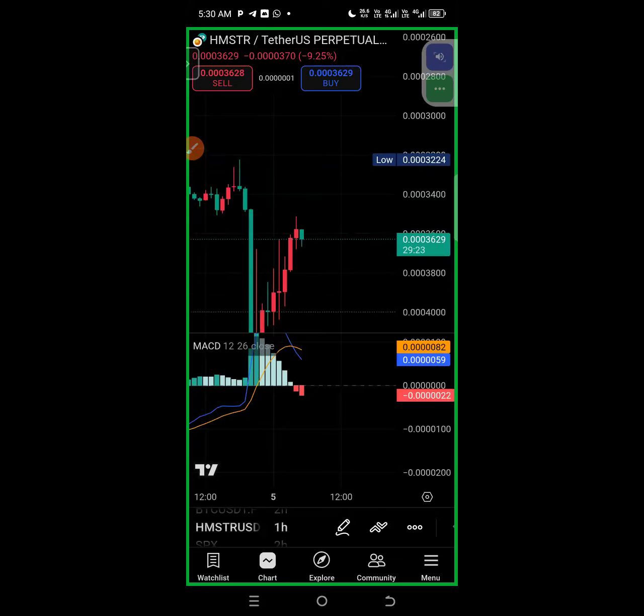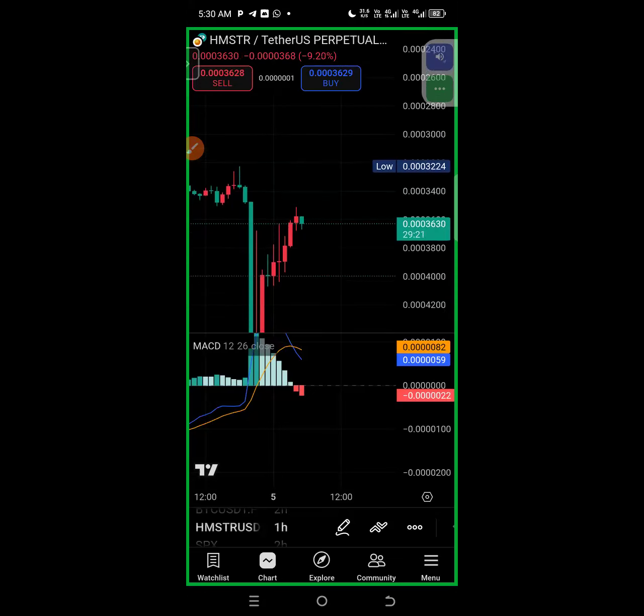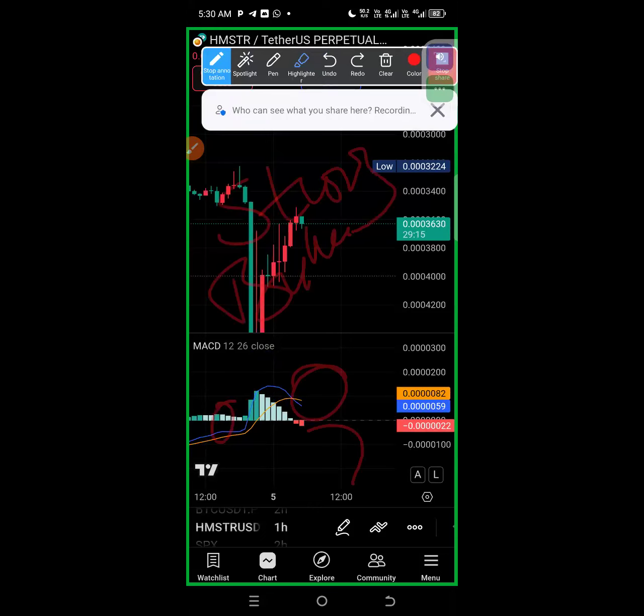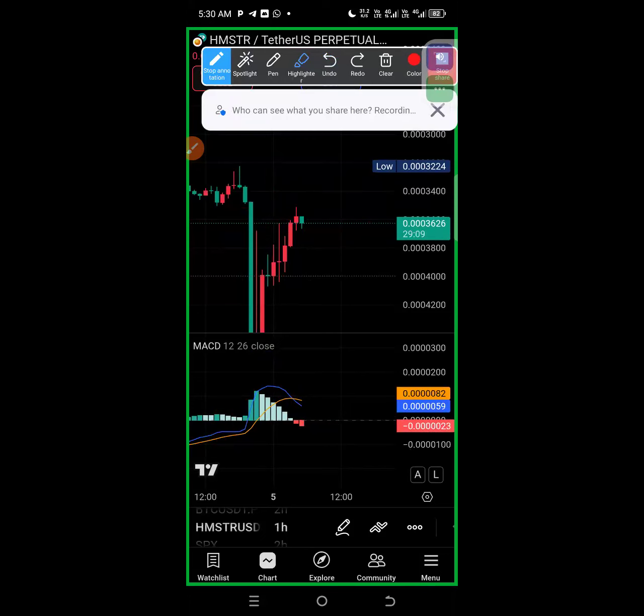Now, when you come to MACD, we are going to use the MACD crossovers, both the MACD line and the histogram. Now, if the MACD line is above the signal line, it indicates that the price is bullish.